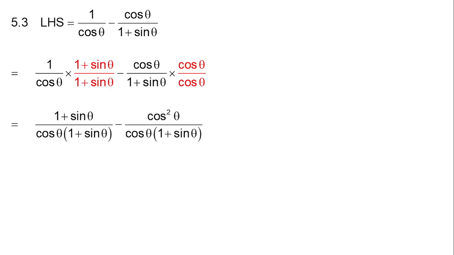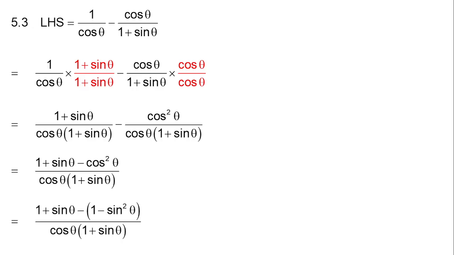And once you do that, you have the same denominator, which means you can take one denominator and add or subtract the numerator. And if you look at your numerator, you have a small problem there. You have different trig ratios. However, you can use your square identity to change that cos to be a sine, and that is exactly what we do there.